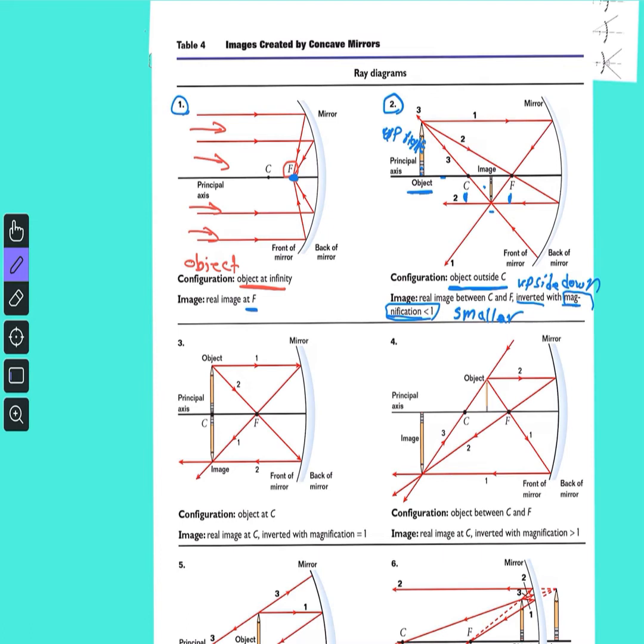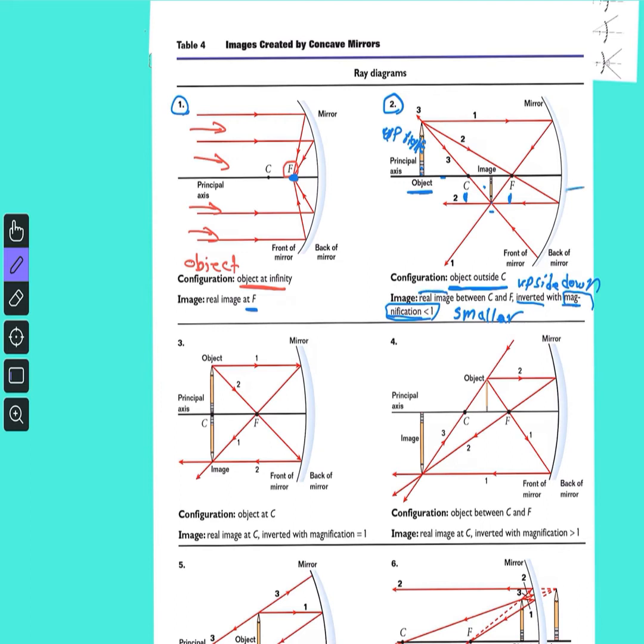And we said it is going to make a real image. A real image, I mean this. Look, the image is formed in front of the mirror. When we are looking at this mirror, the spoon, we can see the images over the surface. But actually, geometrically, it is in front of the mirror. And that's why we say it is a real image, guys.